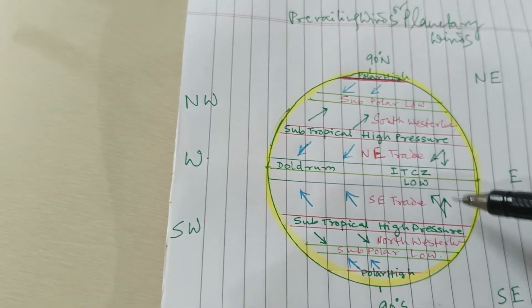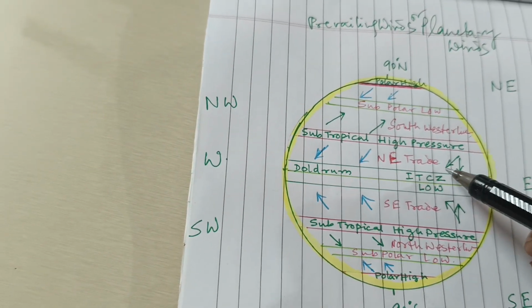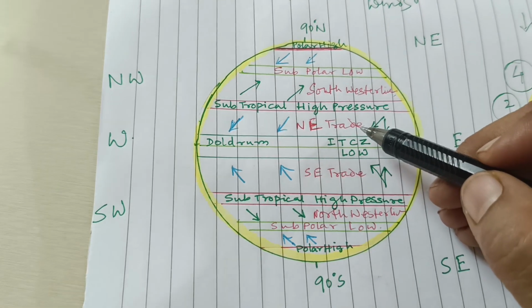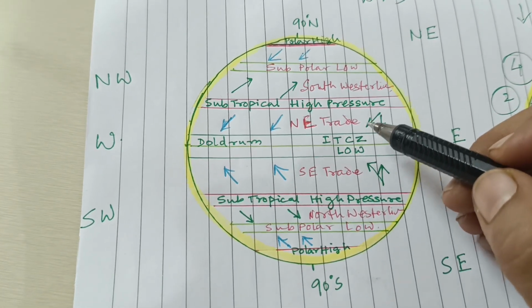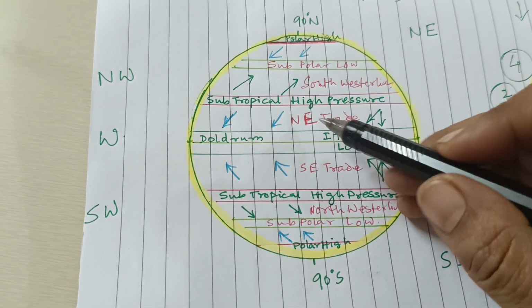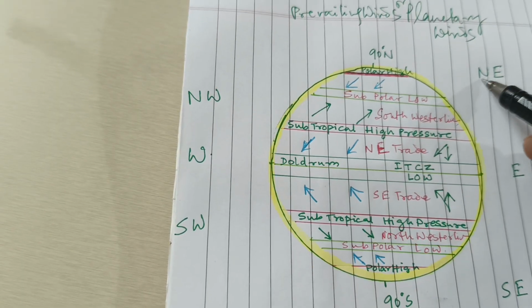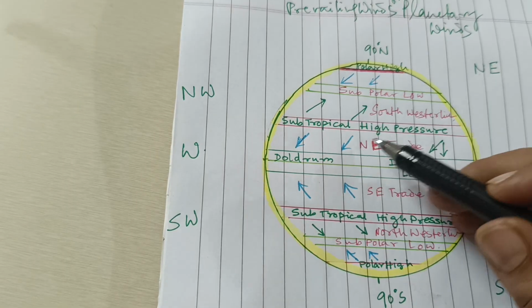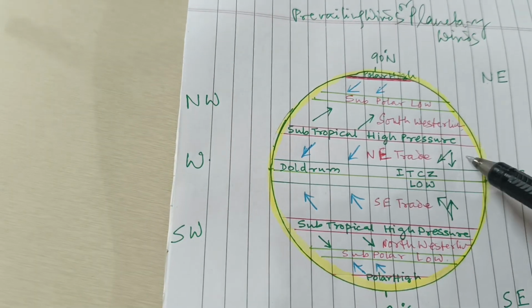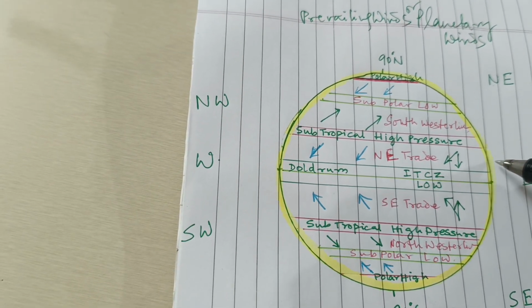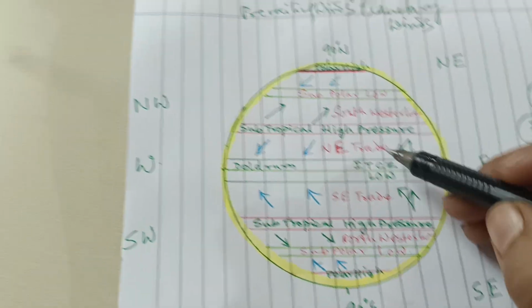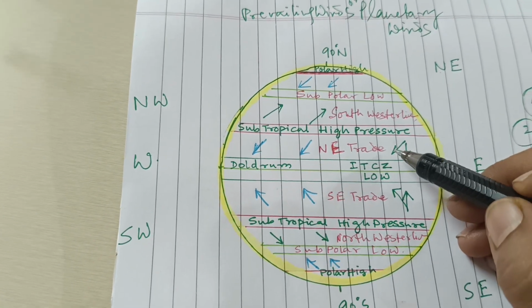So we are seeing the trade wind first. First, we will be discussing the trade wind, and we can see the trade wind is coming from the northeast. See, it is coming from the northeast. That is why in the northern hemisphere we are seeing the northeast trade wind.